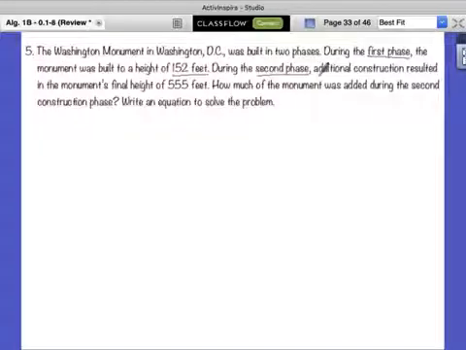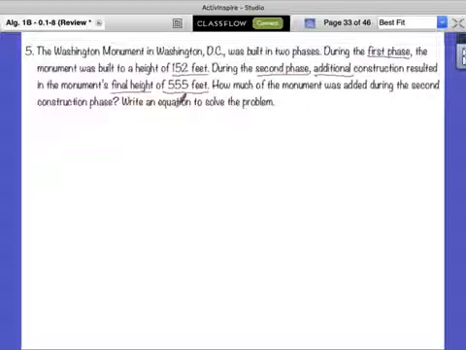Reagan. Additional. Second phase, additional construction, okay? And then what's the other thing we want to underline with the 555? Tobin's right, we want to underline 555 feet. What do we underline with that? What do you think, Delaney? Final height.